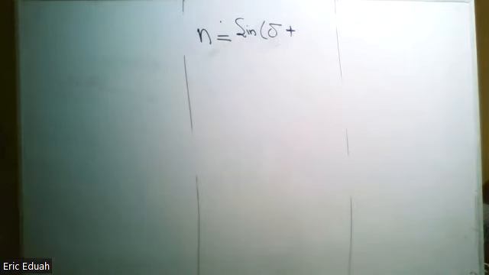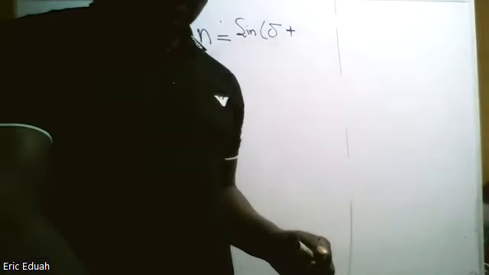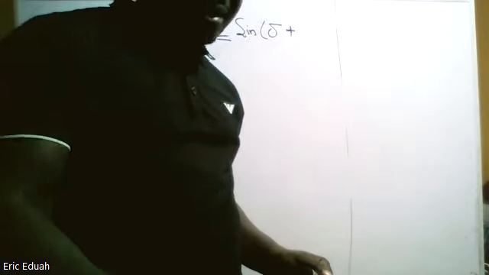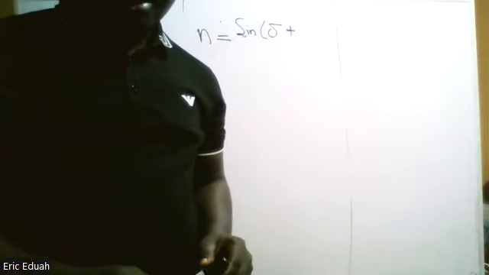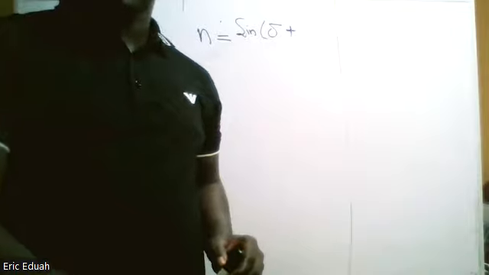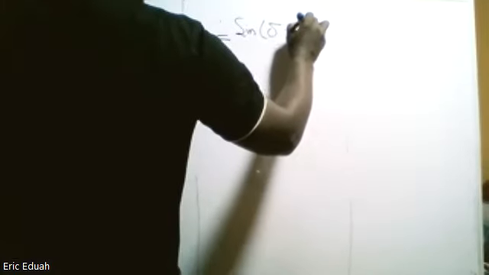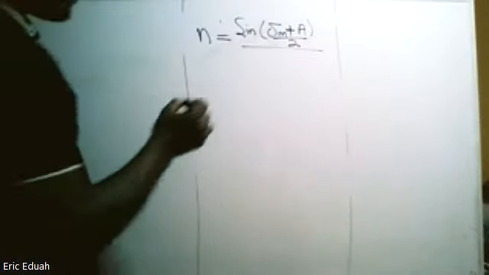Now, for a sine of... Please plus A. So plus A. Please, there's an M before the plus. All over sine A over 2.